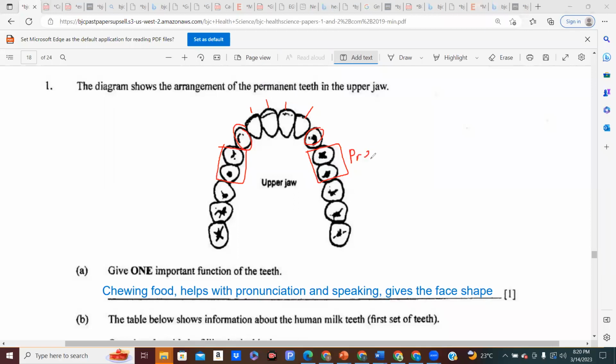These are the premolars. And it also has the molars, right? That's why it's adult teeth.